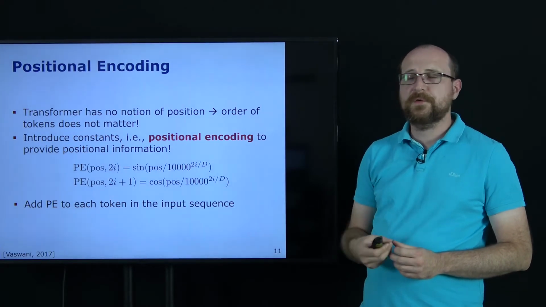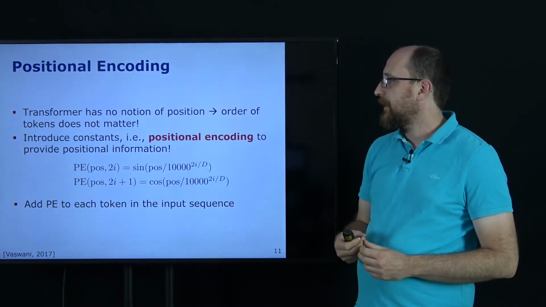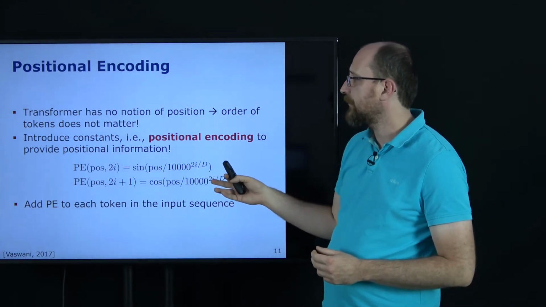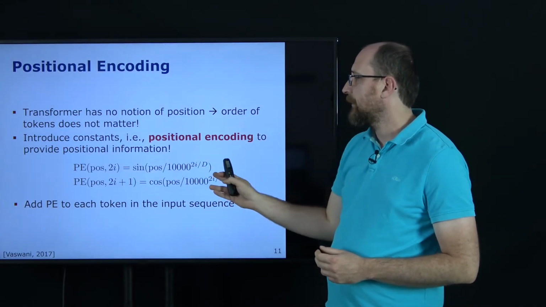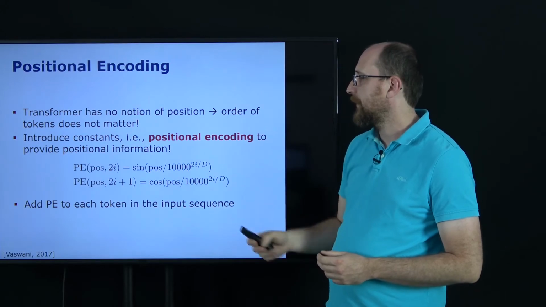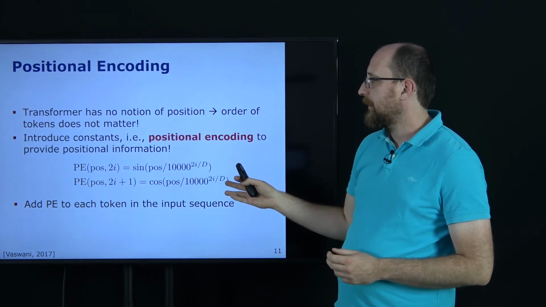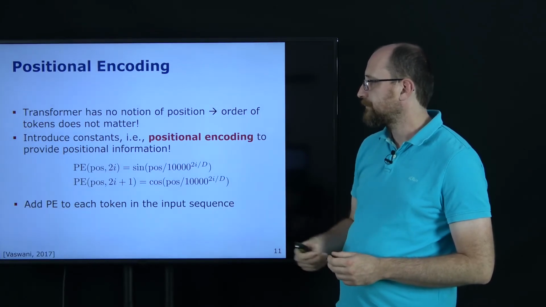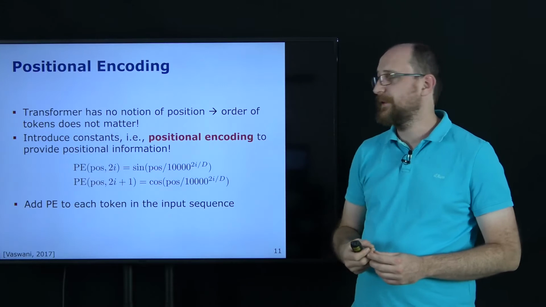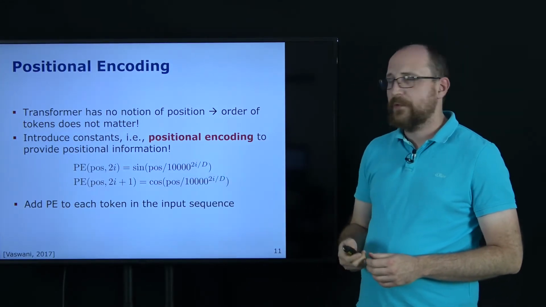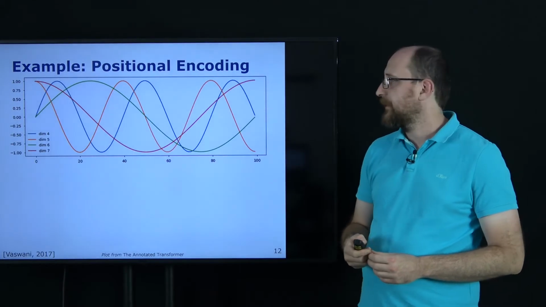So each input token has this positional encoding added, and we have here for the even dimensions a sinusoid function that gives us a value, and for the uneven dimensions we have basically a cosine. And how does this work? It's just a simple example here.